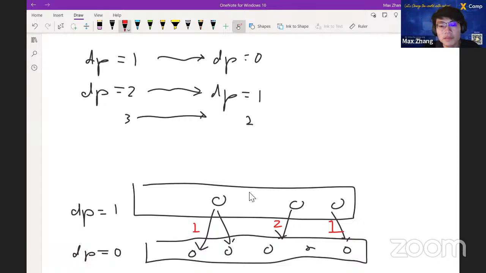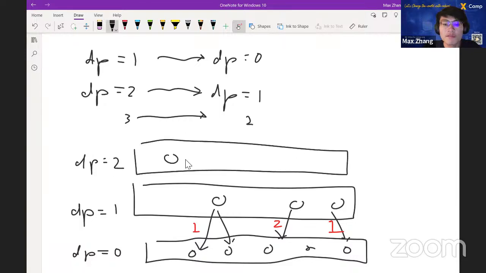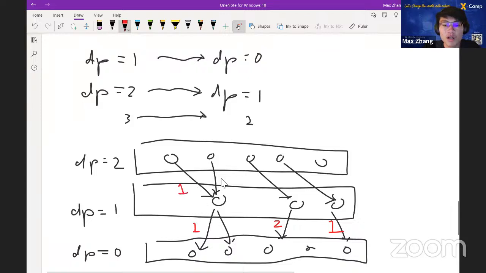And then DP of 2 is going to be something similar, where we have vertices up here pointing down to here, and let's say this one has a 1, this one has a 1, or this one has a 2. I'm just making up some values. Say this one has 3, this one has 2, and this one has 1.